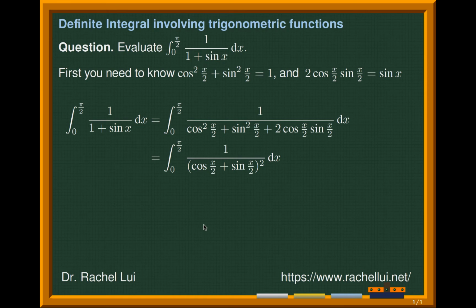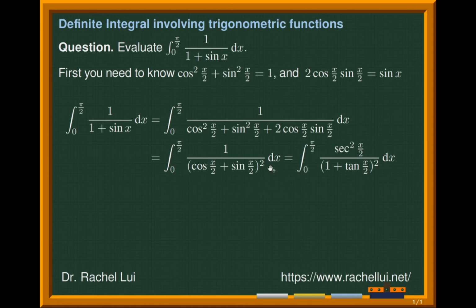The next step is to divide the numerator and the denominator both by cosine squared x divided by 2. For the numerator, 1 divided by cosine squared x divided by 2 gives secant squared x divided by 2. It's a bit tricky in the denominator.